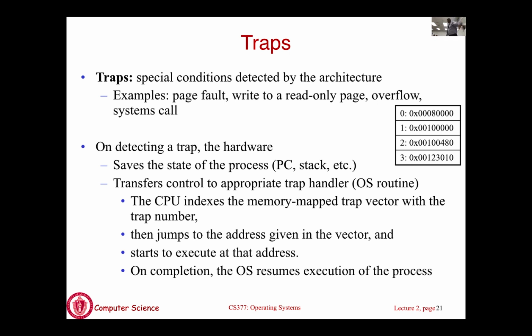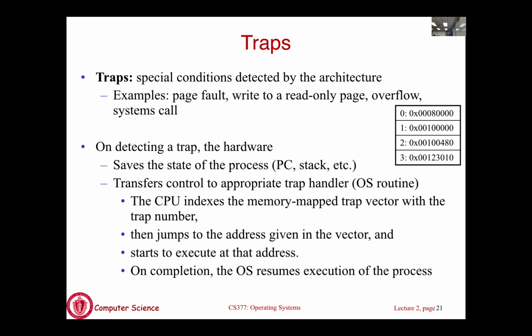Okay, and then the slide shows you a generic trap handling routine. Whenever a trap occurs, you have to suspend execution of that process, which means you save all of its registers and whatnot to some memory location. You then start executing the OS, and you have to flip that kernel mode bit on. Then the OS is going to index into the trap vector and execute the trap.